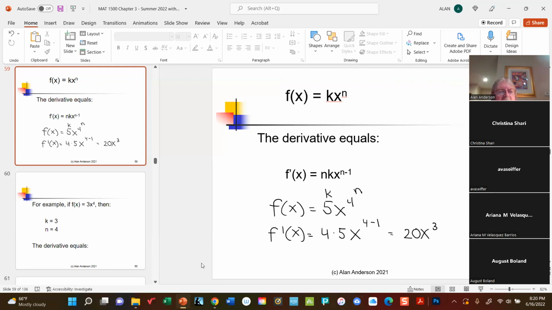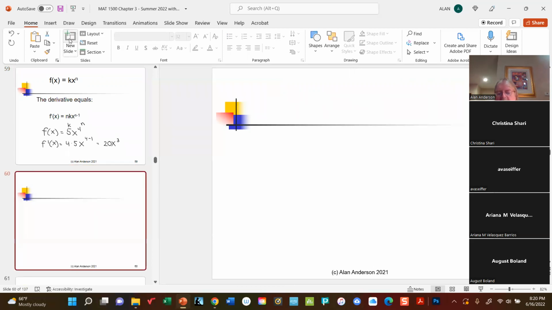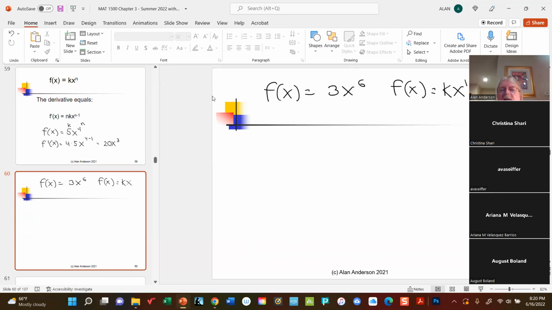So, all right, let's do another one. Let me show you another one. Suppose we have 3x to the 6th. Now remember, this is taking the form kx^n, and that tells me that k is 3 and n is 6.